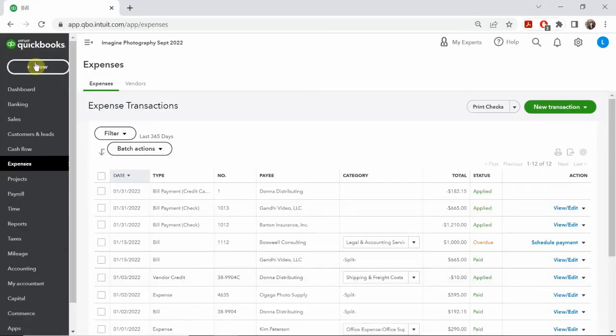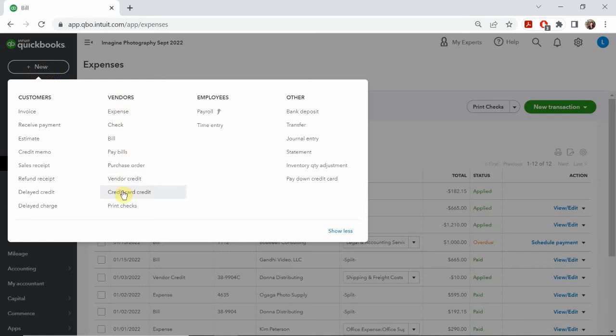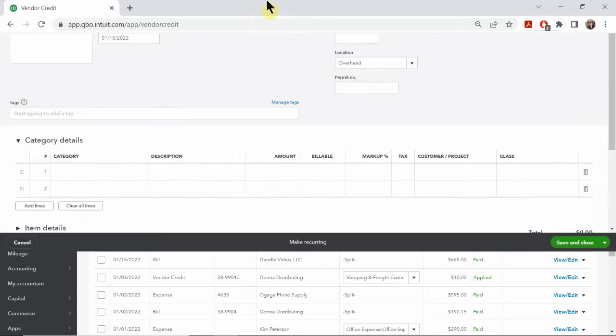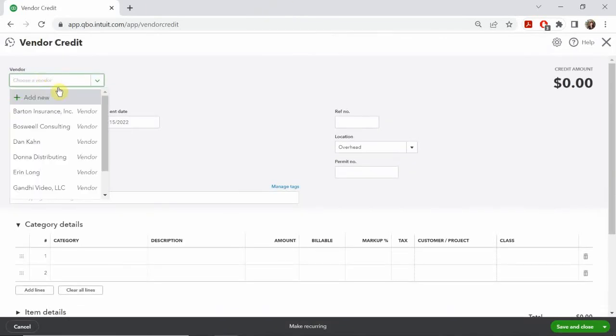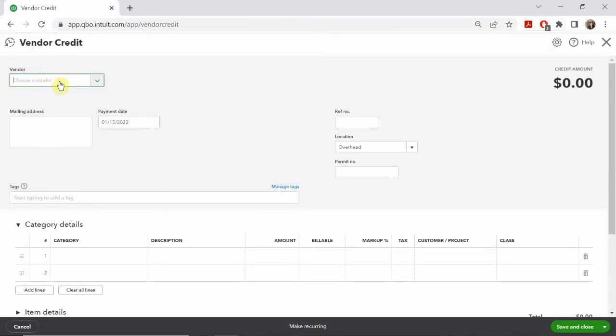We're going to create a vendor credit. Once again, I'm going to go to my plus new, the easiest way to do it, and click vendor credit. First we have to create the credit before we can apply it. So I'm going to type in Boswell. There's Boswell Consulting.